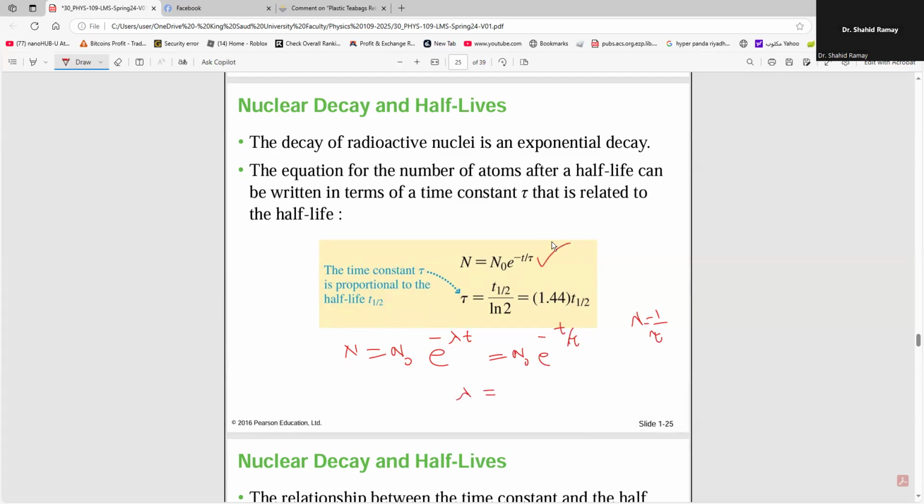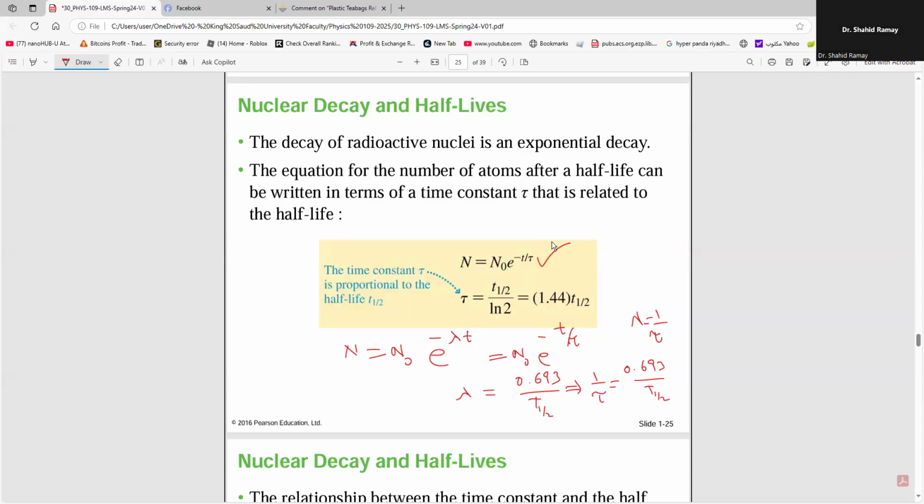And also, what is lambda? Lambda is equal to 0.693 over T half. This is lambda, and lambda is also equal to 1 over tau. You can write 1 over tau is equal to 0.693 over T half.